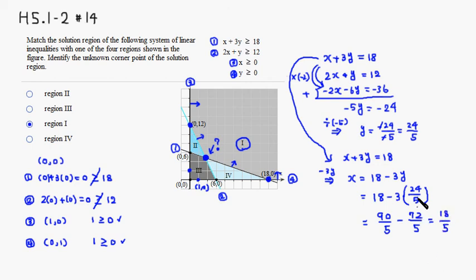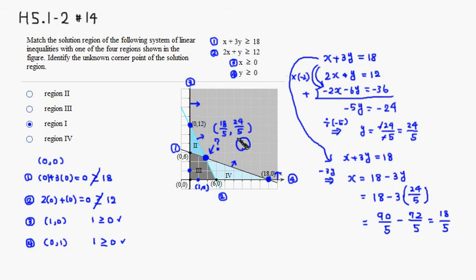So now we know what this point is. The x value is 18 over 5, comma, 24 over 5.